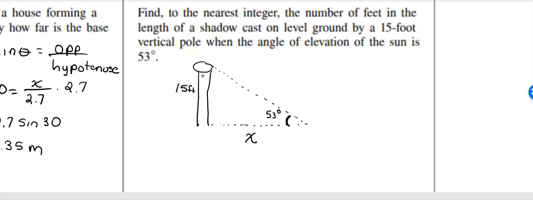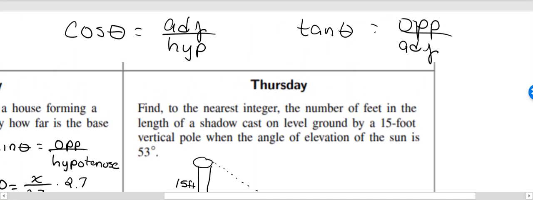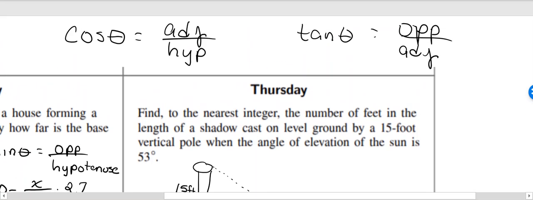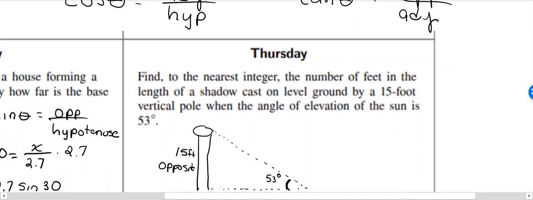What do I know? I know the height. With this 53-degree angle, this would be an opposite side. And this x is adjacent to that angle, so this would be the adjacent side. Which trig ratio do I use when I have opposite and adjacent? I'm going to use tangent.